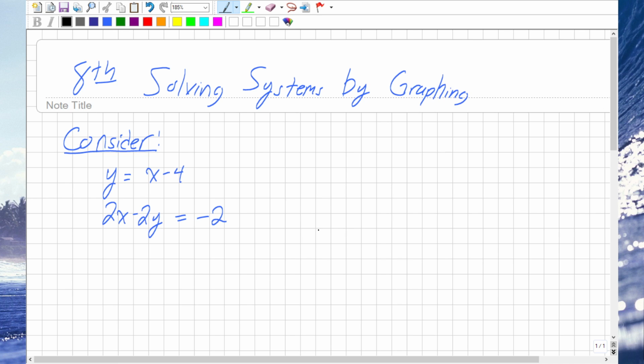So we draw a horizontal axis that we're going to call the x-axis. Let's try that again, Mr. O'Neill. So we're going to draw one that's horizontal that we are going to call the x-axis. And then we're going to draw one that's vertical that we're going to call the y-axis.